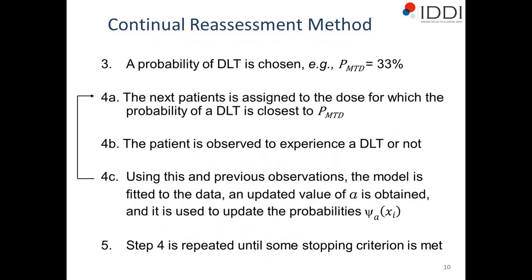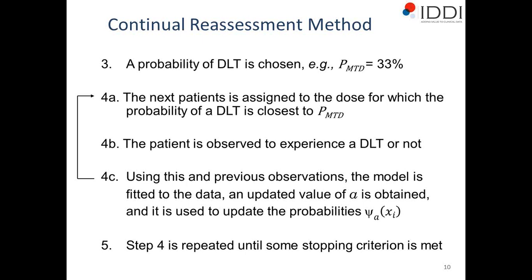And then the next patient, so we would observe this patient and we would look at the results in terms of the toxicity. And based on these results, we would update the model, okay? And according to the updated model, we could see which dose is closest to the 33%, the target probability of DLT, and assign this dose to the next patient.